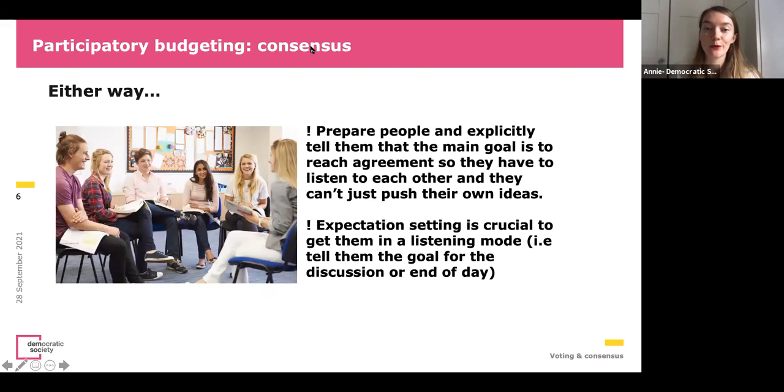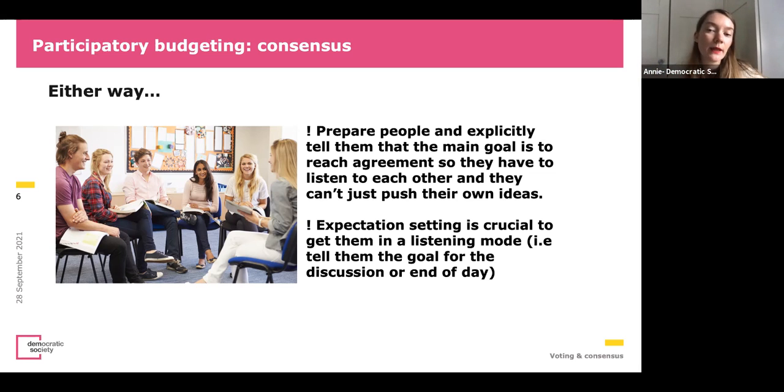But either way, whether you do a consensus-based or a consent approach, it doesn't really matter. Prepare people and explicitly tell them that the main goal is to reach agreement. So they have to listen to each other, and it's not just about pushing their own ideas, because that can end up happening in PB. Everyone comes with their own ideas, their own experiences.